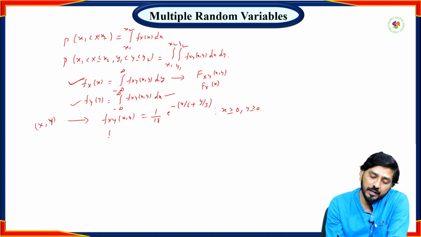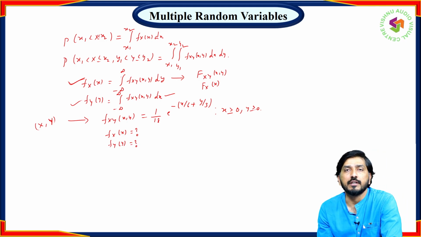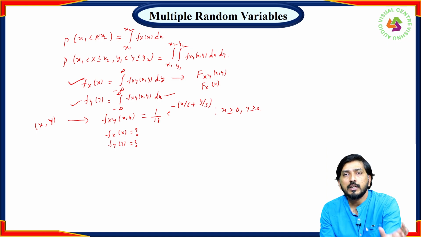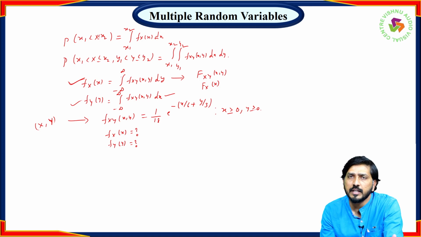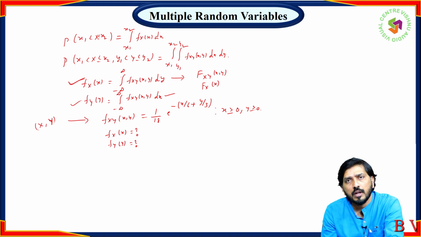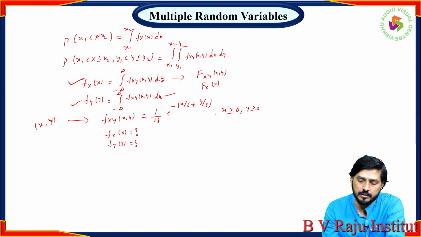The question is to find the marginal density functions, that is, find fX(x) and fY(y) using the joint density function. Given the joint density function for two random variables, we are asking for the density function of each individual one. That is what we call marginal density functions.